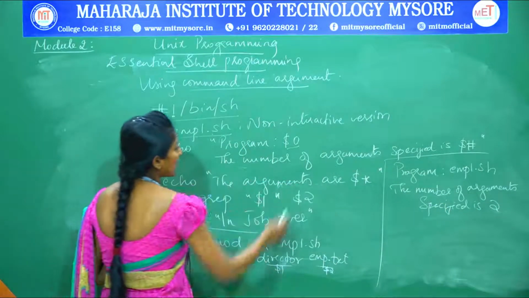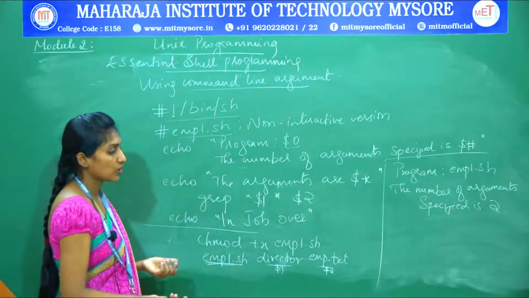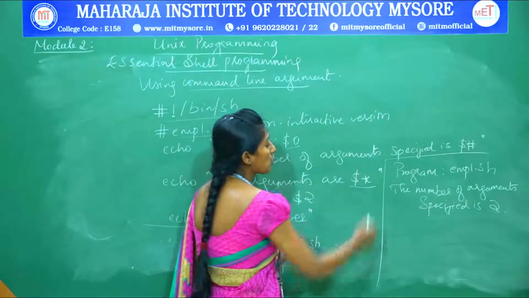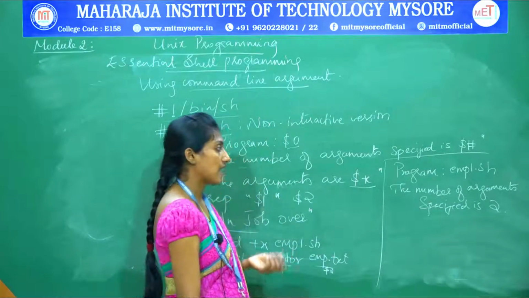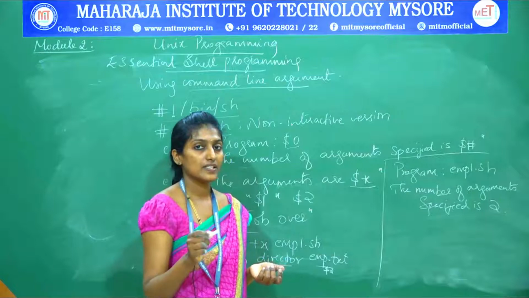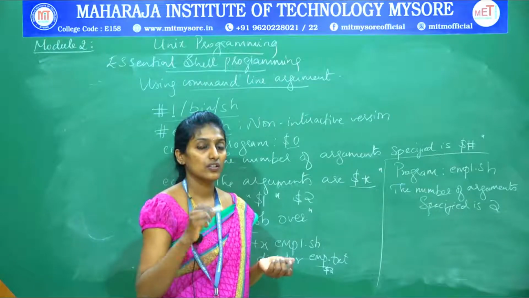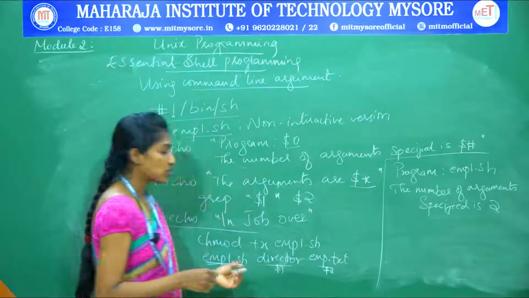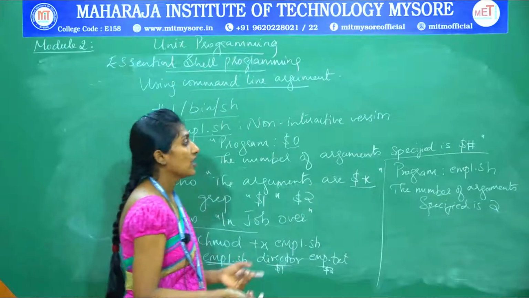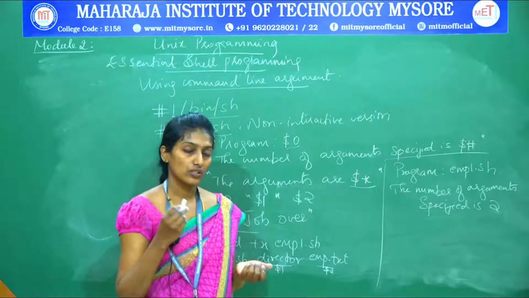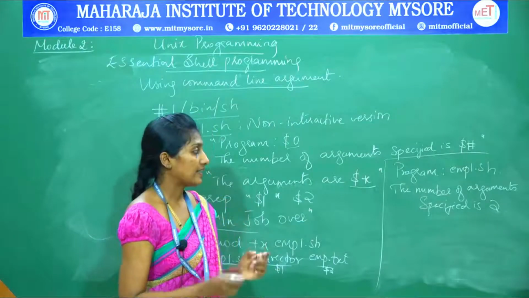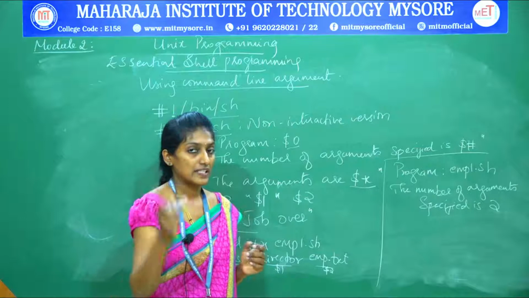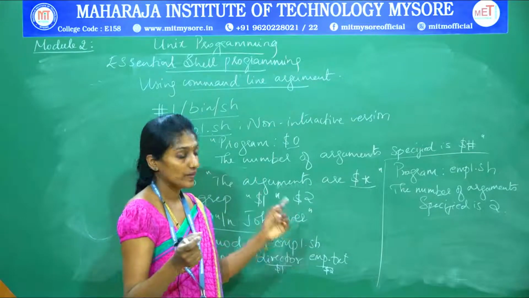Next, all the arguments you have provided will be stored under $star. As I said, $star represents all the arguments, those which have been stored in the positional parameters, and they will be listed out. Whereas $hash lists the number of arguments specified.